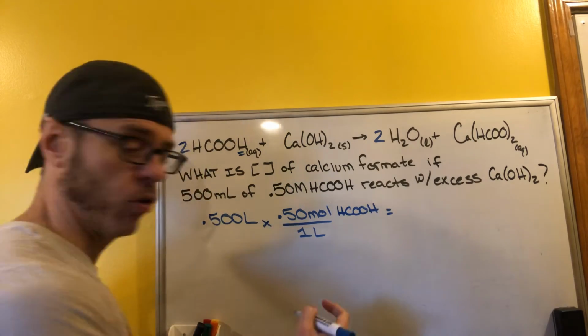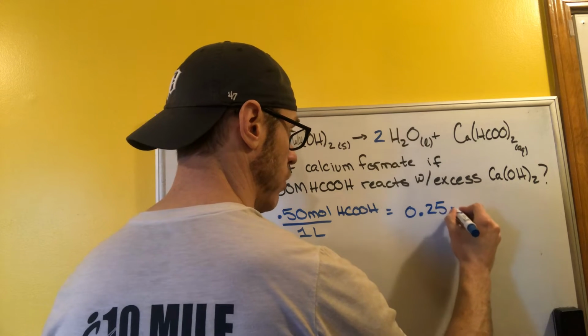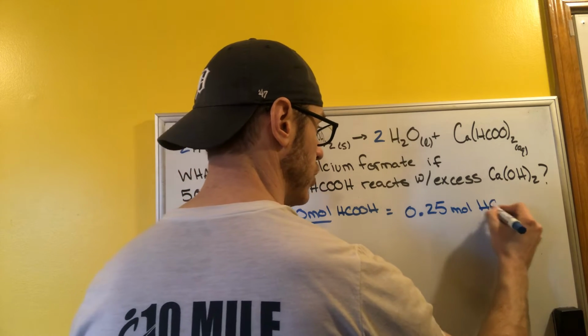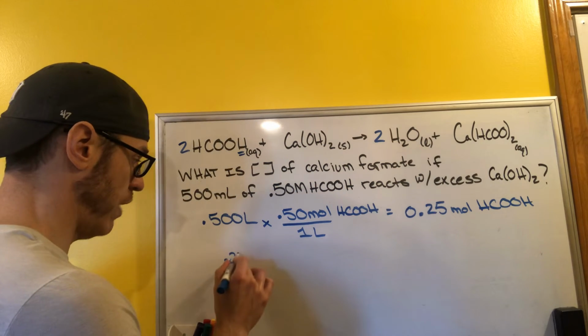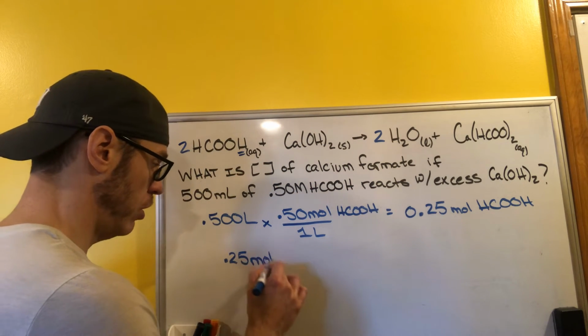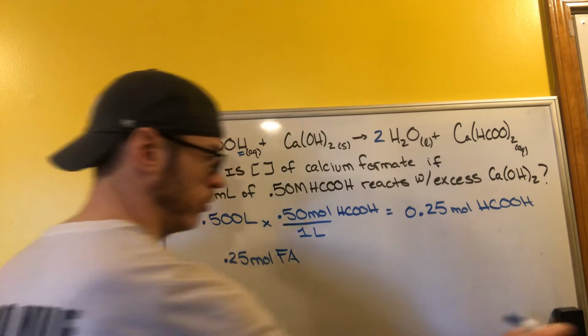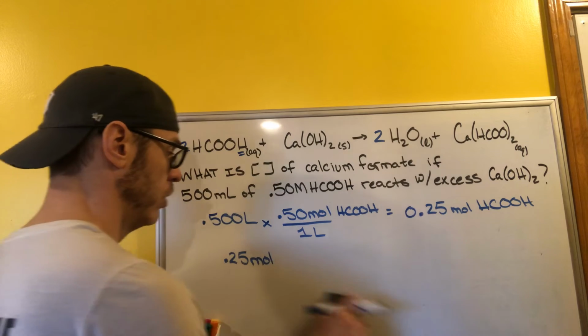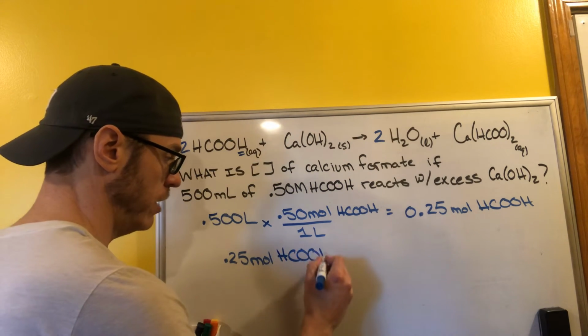Half of a half is a quarter, so we get 0.25 moles HCOOH. Now we're going to take that 0.25 moles of formic acid. I'll write it all out. We get HCOOH. There we go.